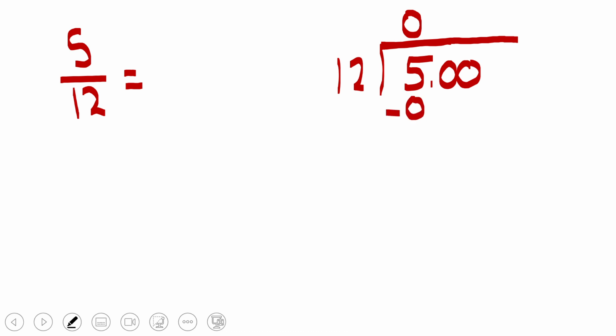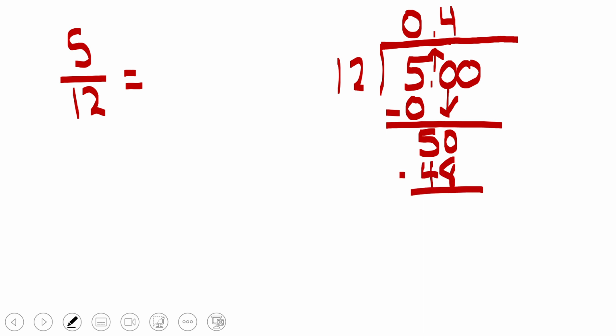Okay, so we're going to start our division. Our decimal goes straight up. I did the bring down. 12 into 50 goes 4 times. 4 times 12 is 48. 50 minus 48 is 2. Bring down. 12 goes into 20 one time.